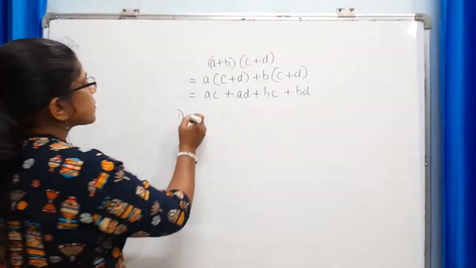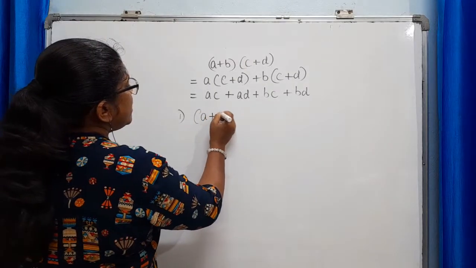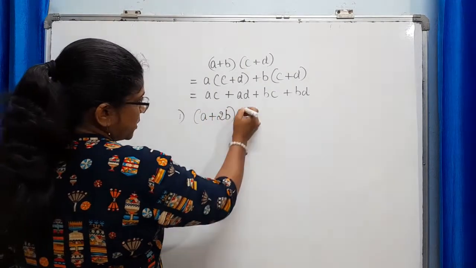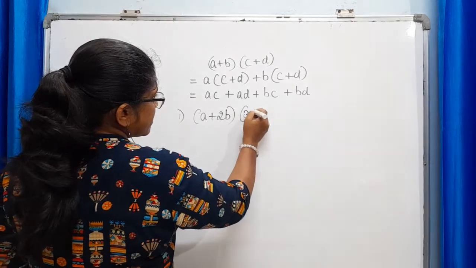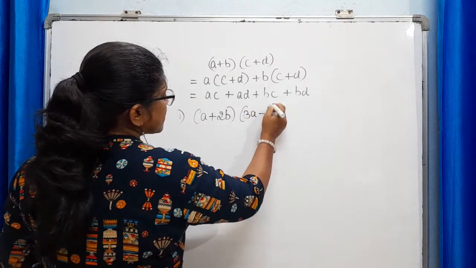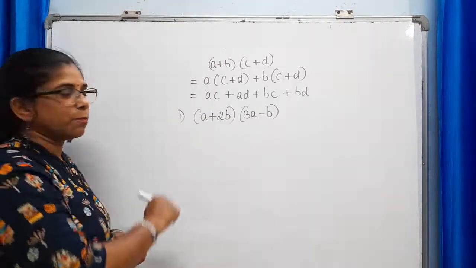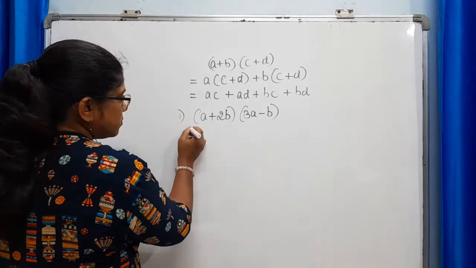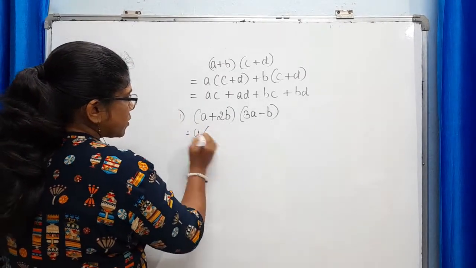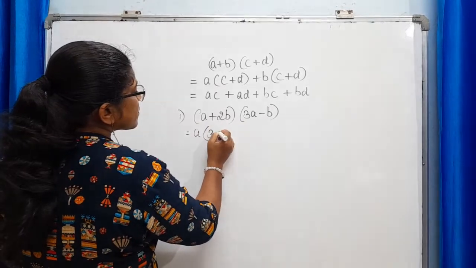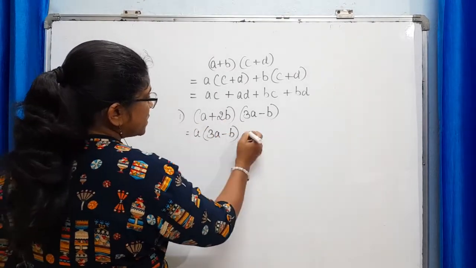First one, (a plus 2b) into (3a minus b). So the first term is a, we have to multiply with 3a minus b.